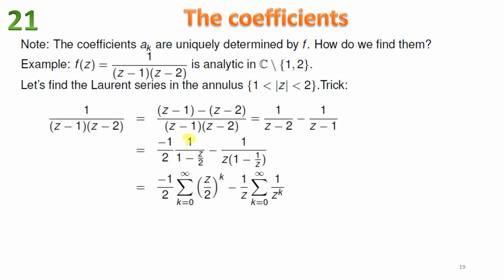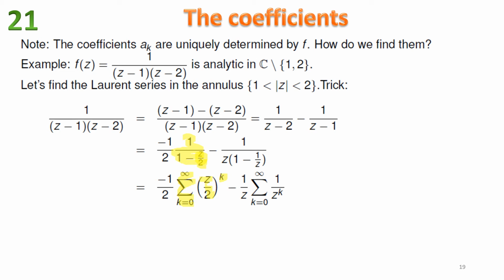So for this particular term, 1 upon 1 minus z by 2, we can write summation k rolling from 0 to infinity of z by 2 to the power k, provided this entity, mod of z by 2, is less than 1.